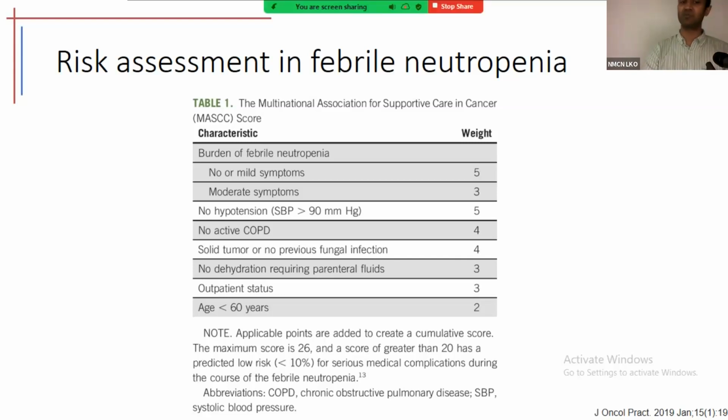No or mild symptoms has a weightage of 5, moderate symptoms 3, no hypotension 5, no active COPD 4, solid tumor or no previous fungal infection 4, no requirement of parenteral IV fluid rehydration 3, outpatient status 3, and age less than 60 years is 2. So the higher the score, the less severe the patient's symptoms, the less the burden of febrile neutropenia.